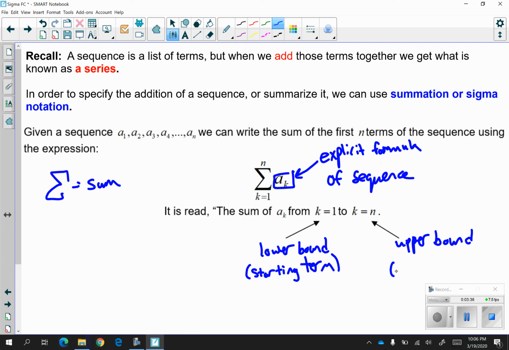It is your ending term. So sigma represents that you're finding the sum of the formula from the bottom starting term, k equals 1, through the top of n. Let's actually try this out with numbers because I think it'll be a lot easier.